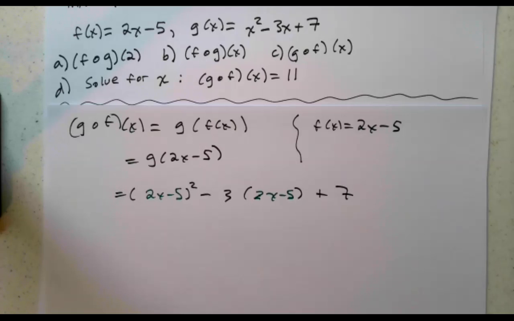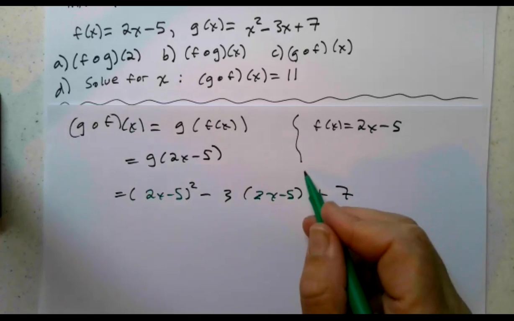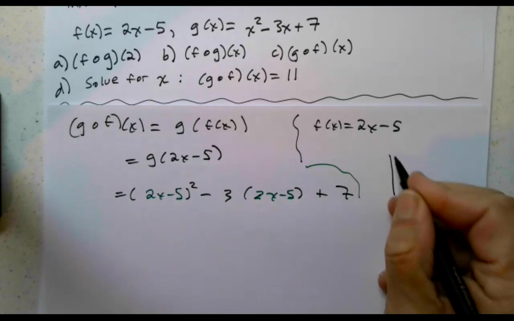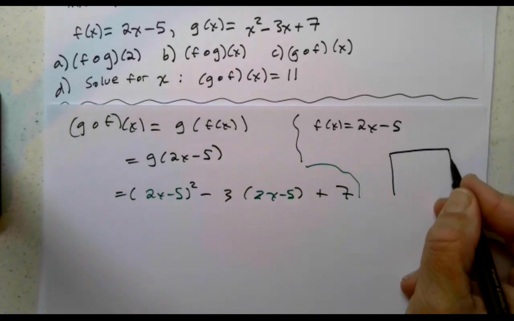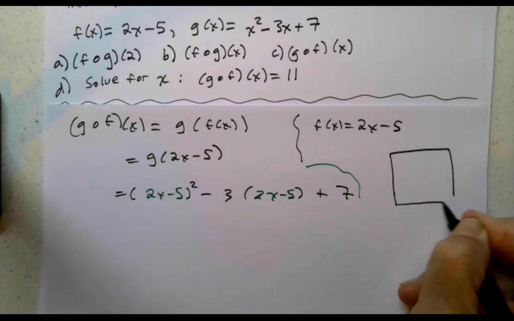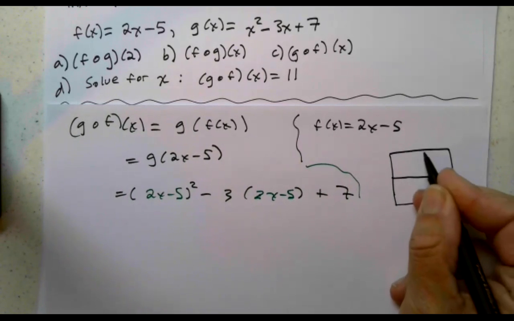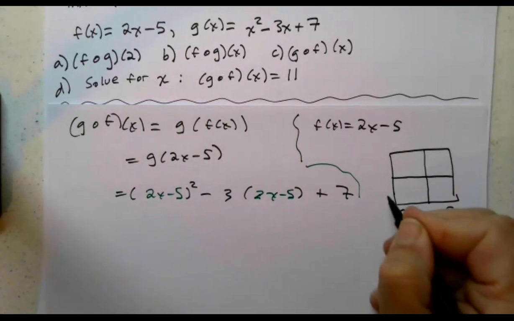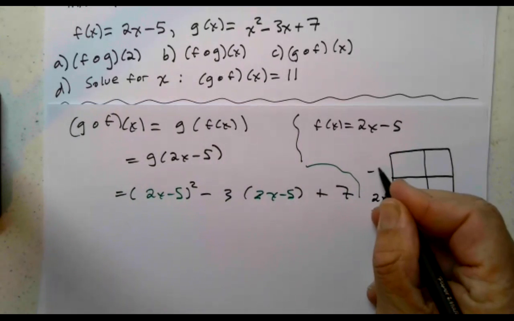So I need to do 2x minus 5 squared. That often causes some trouble. So let's just quickly do that. I like to use the multiplication box to visualize that process. Let's take a look at it. 2x minus 5 squared, 2x minus 5 times 2x minus 5.